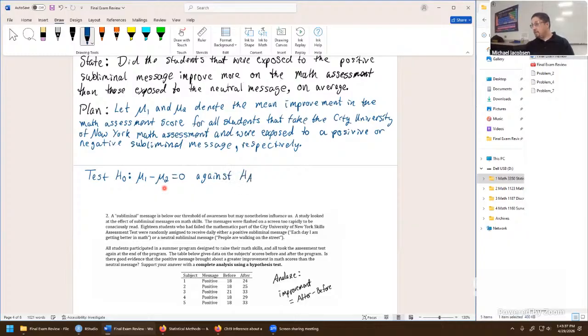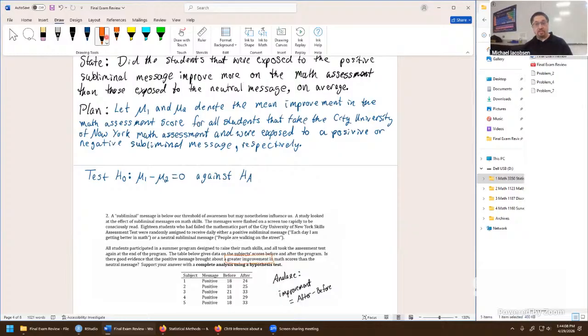Big trick on writing out an alternative hypothesis is oftentimes if there's a question mark in your problem, that's the research question, which is the alternative hypothesis. So let's go back to that statement. Is there good evidence that a positive message brought about a greater improvement in math scores than the neutral message? The word that jumps at me the most is this: greater improvement.